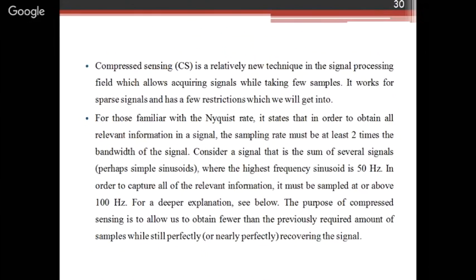Consider a signal that is the sum of several signals where the highest frequency sinusoid is 50 hertz. So in order to capture all the relevant information, it must be sampled at or above 100 hertz. Okay, so with the help of compressed sensing, we try to represent it with fewer samples and perfectly recover it.